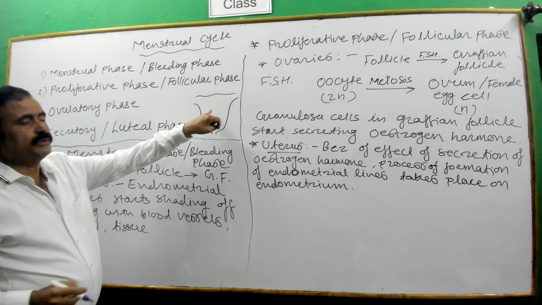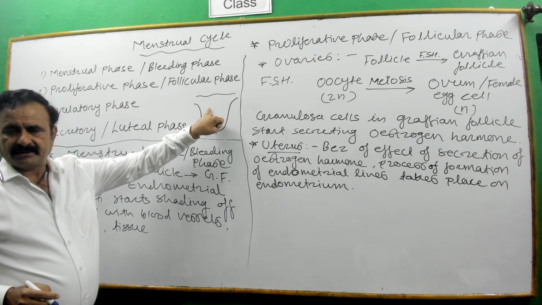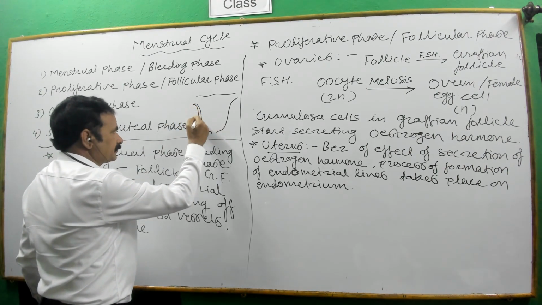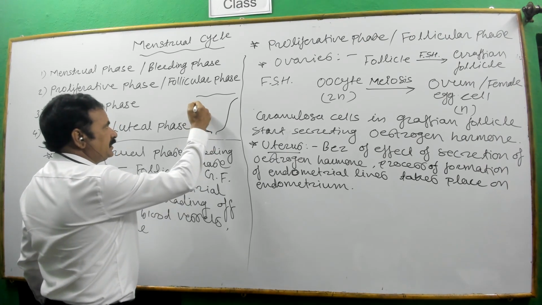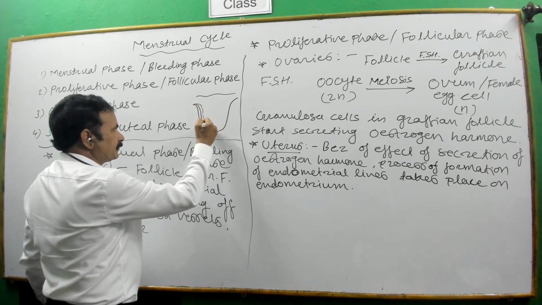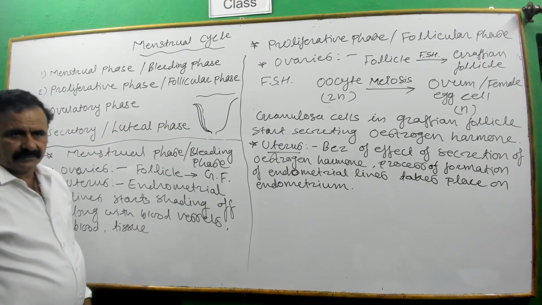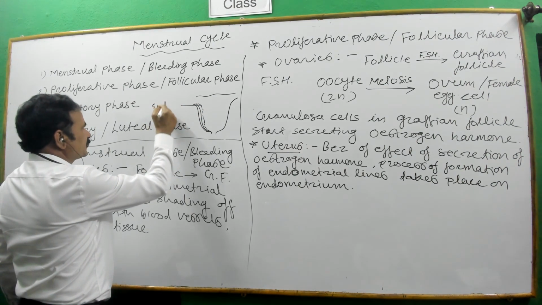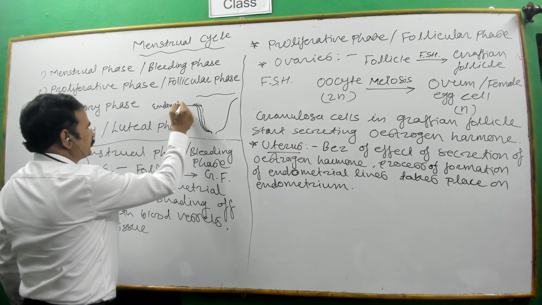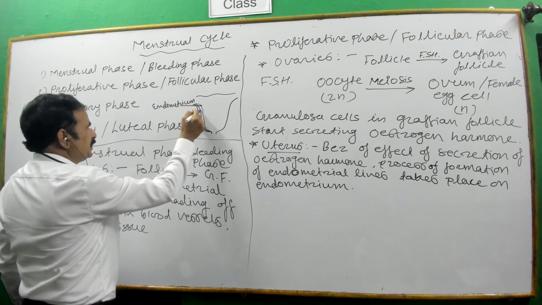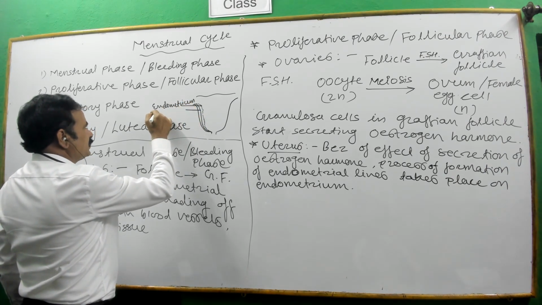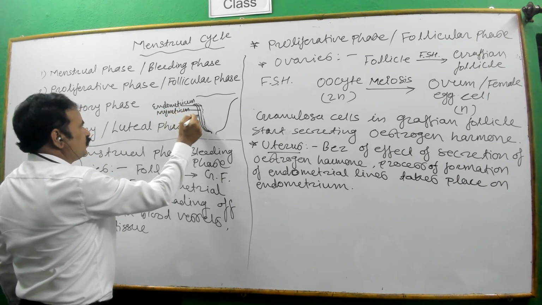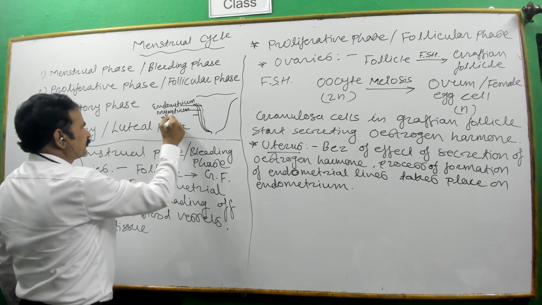So this uterus is made up of three distinct layers: the outermost layer, the middle layer, and the innermost layer. The innermost layer is called the endometrium. The middle one is the myometrium, and the outermost is called the perimetrium.